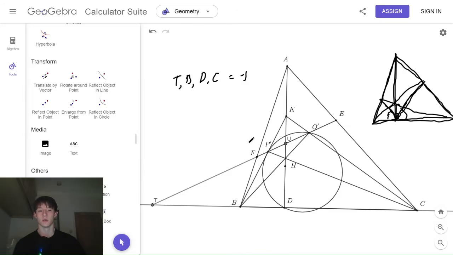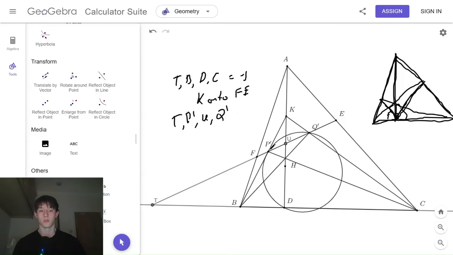And then, if I take this harmonic quadruple and project it through point K onto line FE, I will get points T, P', U, and Q'.